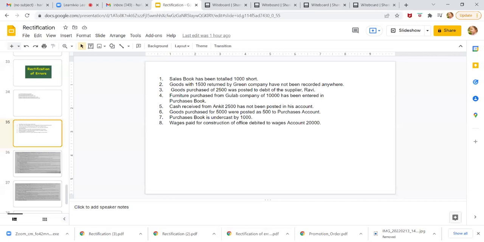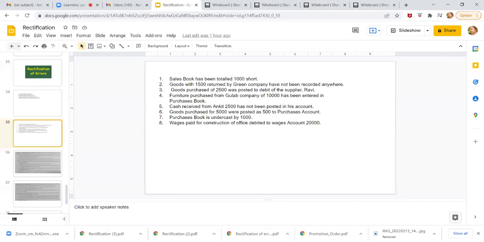Yes, very good. Fourth is furniture account debit to purchase account credit with the amount of 10,000. Yes. Fifth is suspense account debit to Ankit account credit with the amount of 2,500.